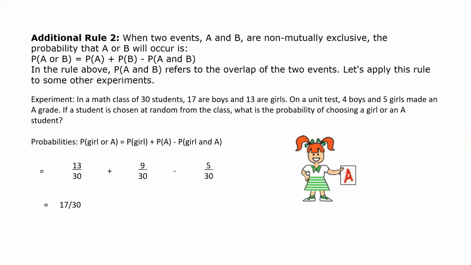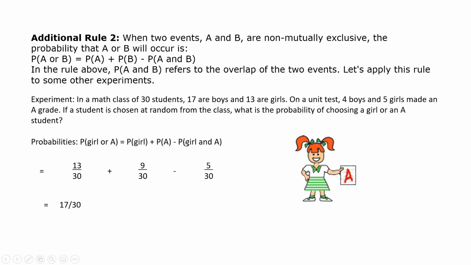For this, we will use the formula. We will use the probability of choosing a girl. Total 30 students, we have 13 girls. So the favorable outcome out of all the outcomes would be 13 over 30. We will add 9 by 30, where these are all those who got A grades, 4 boys and 5 girls. So the probability of getting an A is 9 by 30.